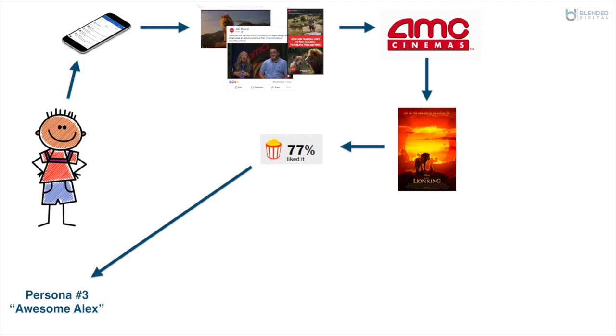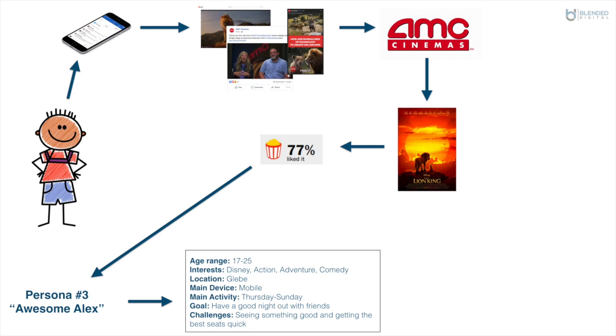That's what a lot of companies do: categorize their customers into personas, or buyer personas, or whatever you want to call it. In this case, they place Joe under Awesome Alex. And what that means is that he basically ticks most of the boxes underneath Awesome Alex, from what they're able to acquire from him purchasing his ticket.